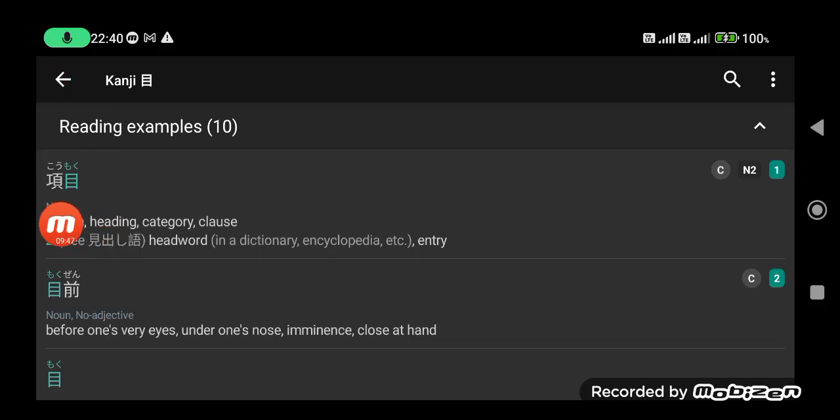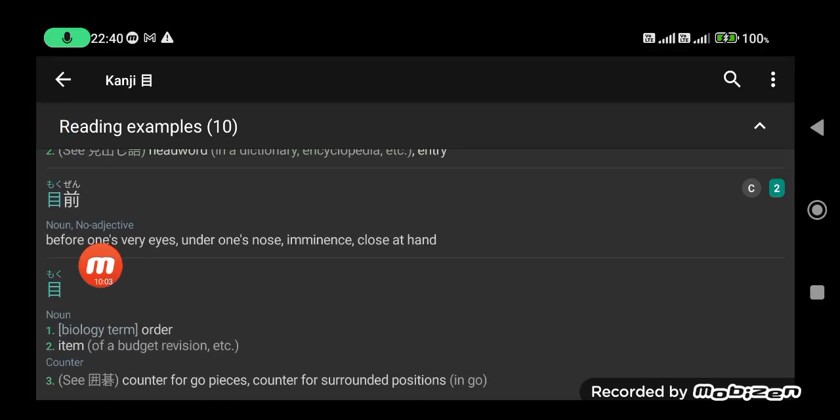About this, komoku is also high level vocabulary. Komoku means item or heading or category or clause. Komoku. We have here mokuzen. Mokuzen means before one's very eyes. Mokuzen.